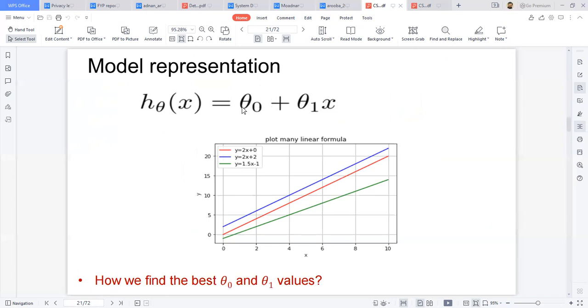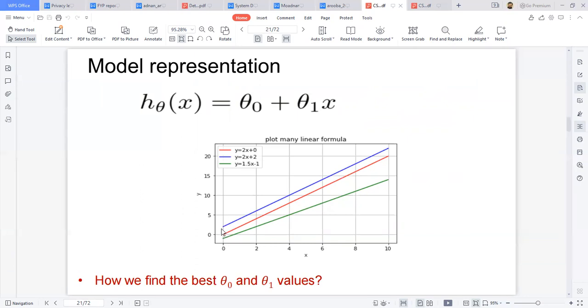The value of theta naught is a constant value. If the value is exactly 0, then the red line goes exactly through the origin, 0, 0. This is x, this is y; between x and y, x is 0, y is 0. If this is 2, then of course the line starts from 2, like 1, 2, 3, 4, 5.